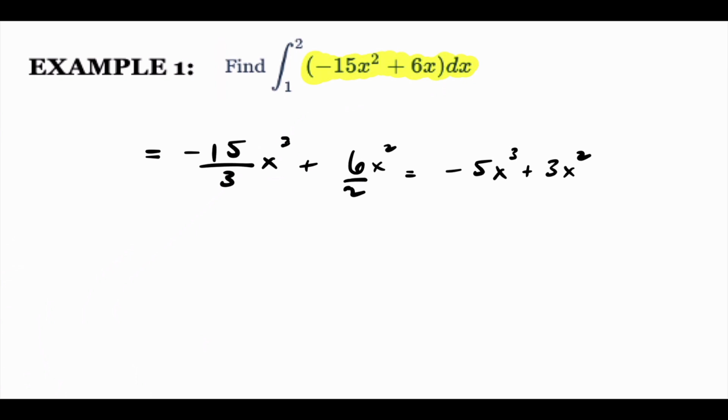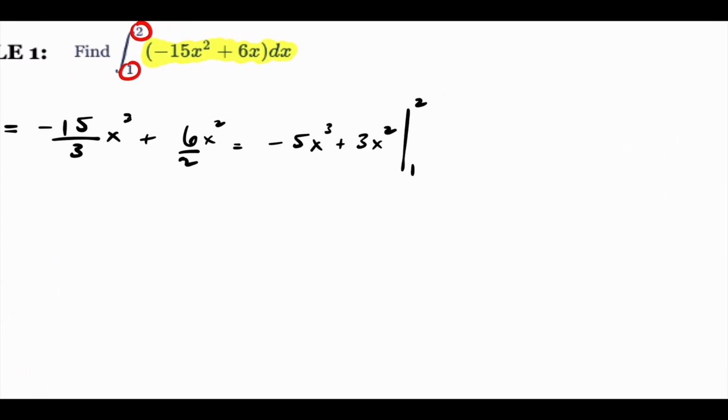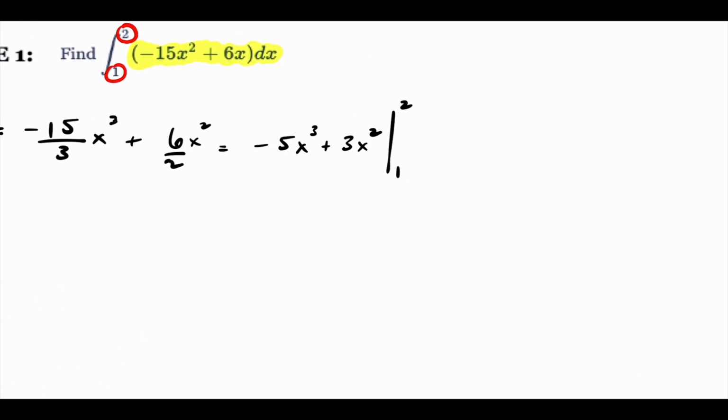The new thing is that we have bounds. How do we deal with the bounds? You plug them in. So now we're going to evaluate it from 2 to 1. The first thing I'm going to do is plug in 2 everywhere there's an x.